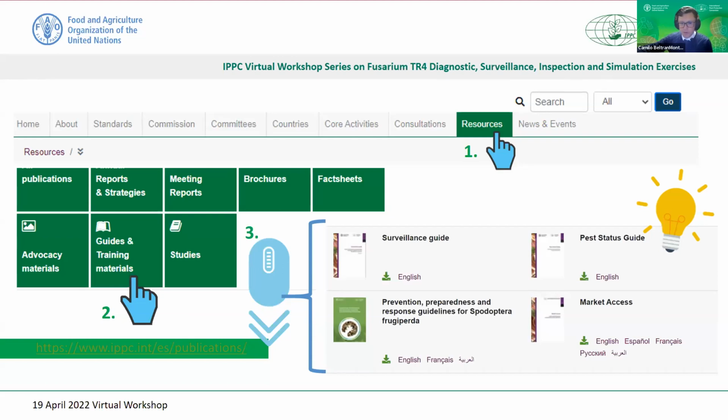To consult all the available guides and training materials, please visit the IPPC webpage. This page contains many resources, including brochures, fact sheets, guides, advocacy and training materials, and studies. To consult them, you can go to the IPPC website and click on the tab Resources.